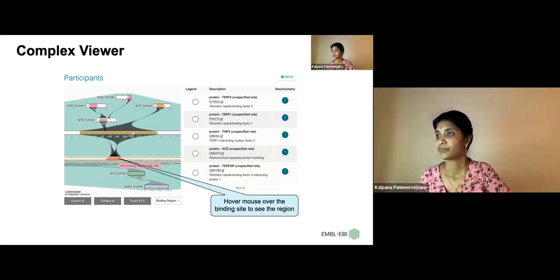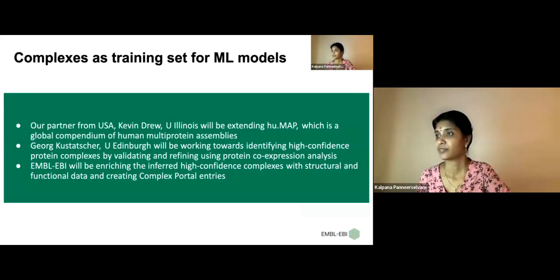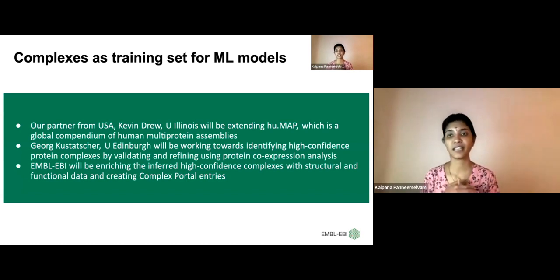Okay, and then our complexes, as I mentioned earlier, can be considered as a training set for machine learning models. So recently, we have been successful in generating a project in collaboration with Kevin Drew Lab at the University of Illinois, which will be extending hu.MAP, a global compendium of human multiprotein assemblies.